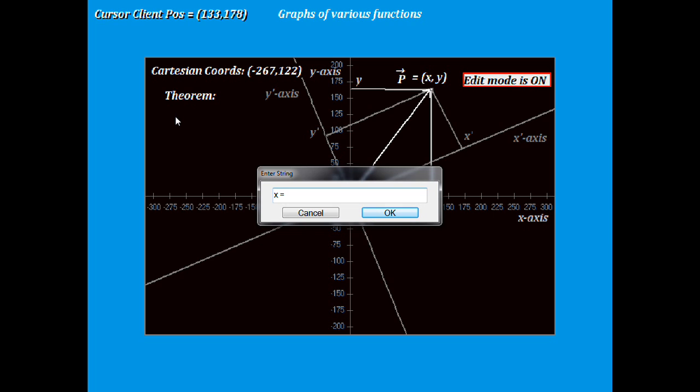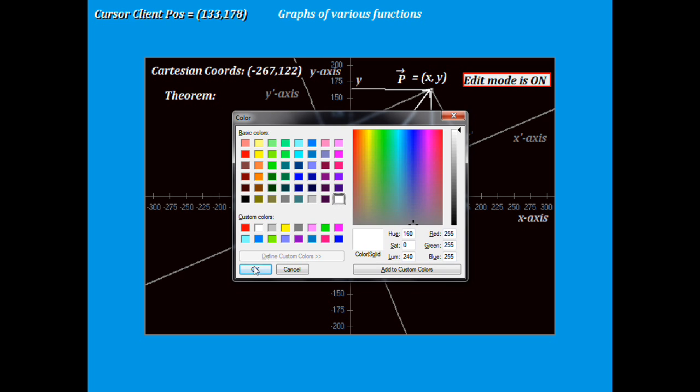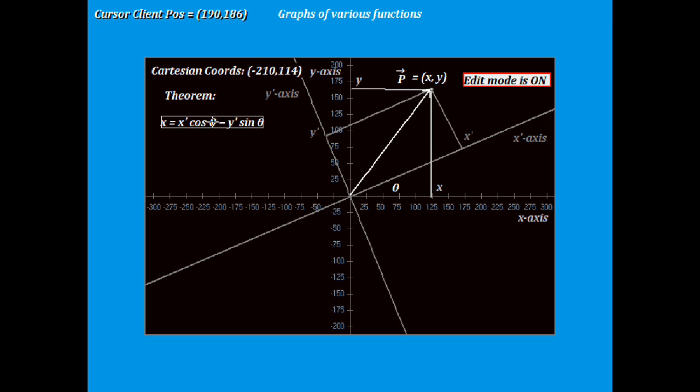X equals x prime cos theta plus, minus, see, this is where I would get screwed up, y prime sine theta. I know that it's always cosine sine. That much I know. But as far as the signs, I can never remember which is which. Okay?